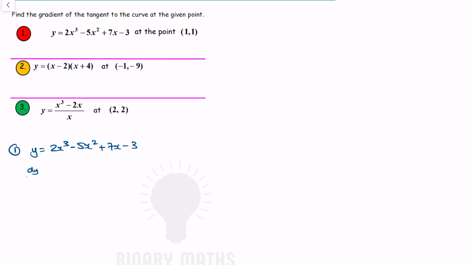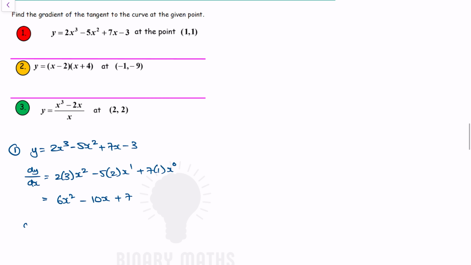Then dy dx, let's do this straight away because it's already in index form. So 2 times 3x squared minus 5 times 2x to the power of 1 plus 7 times 1 times x to the power of 0. The constant disappears, which means it's equal to 6x squared minus 10x plus 7.